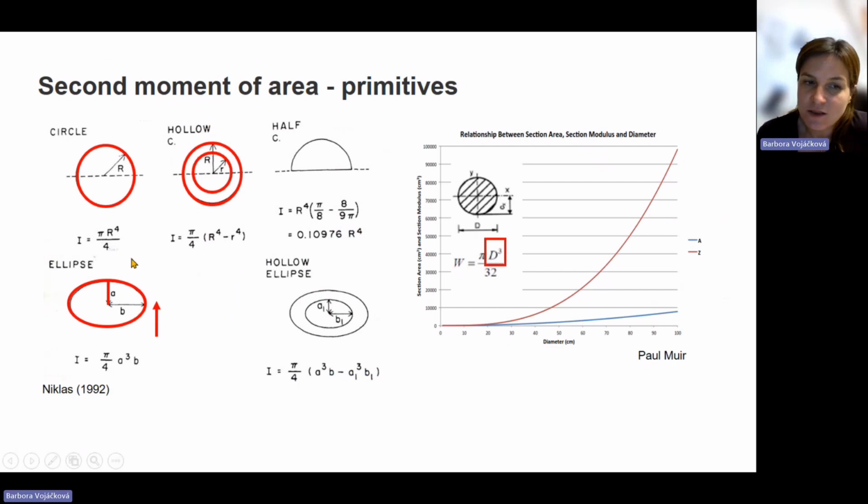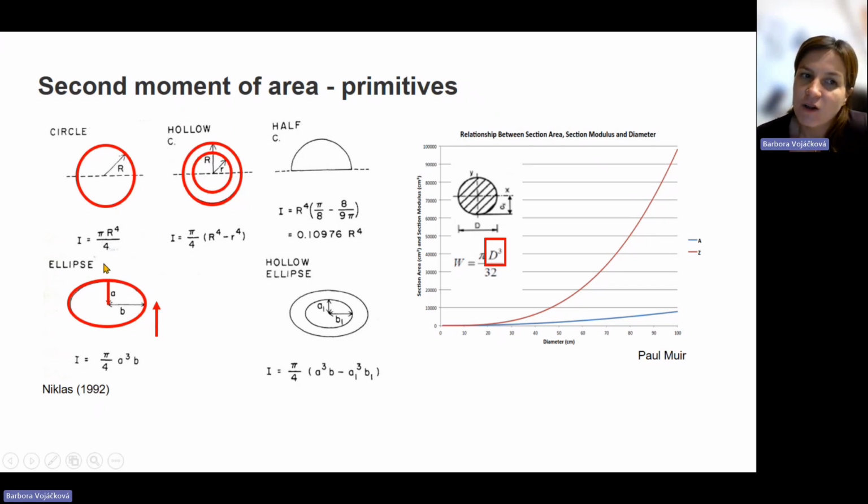Important is because we usually use lots of primitives for the calculation of the second moment of area, moment of inertia, or for the section modulus. Usually in calculation methods like wind load analysis or the SIA method, we use a circle instead of the real shape of the tree stem, or we use a circle with a hollow and so on.